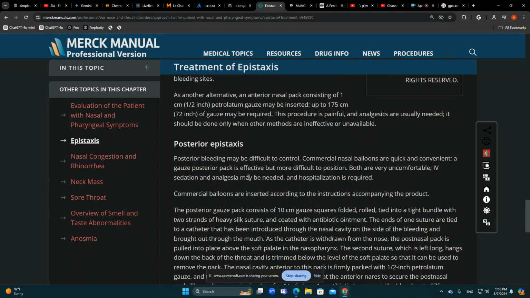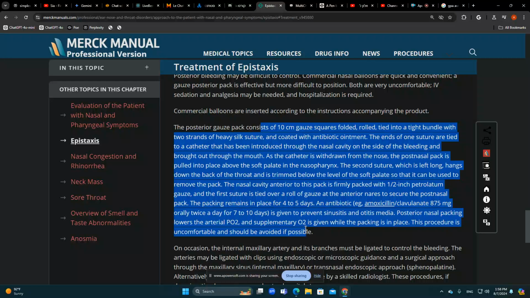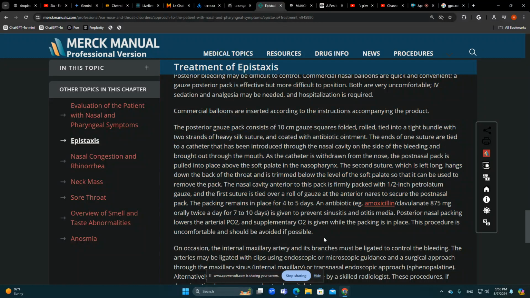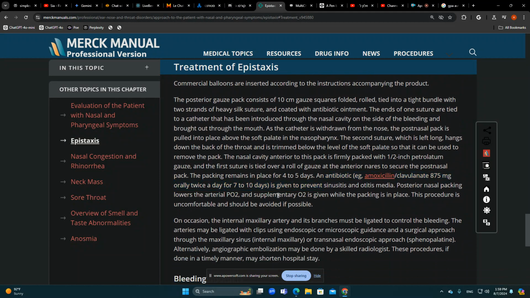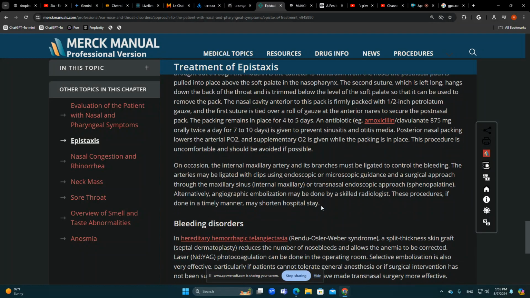Okay, posterior epistaxis is more severe and harder to treat. Sometimes they need to insert gauze to the posterior part. It can cause infections, or sometimes prophylactic antibiotics are given. It can cause reduction in oxygen, so sometimes oxygen therapy is given, and it's hard.